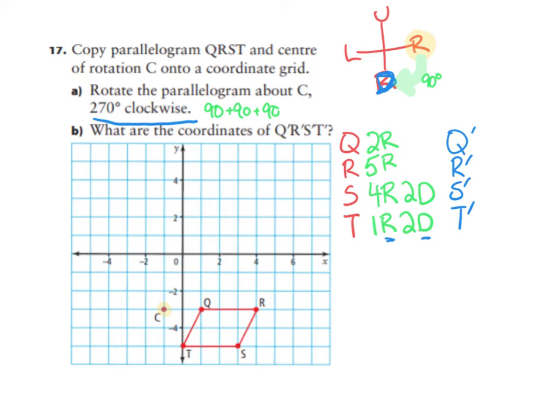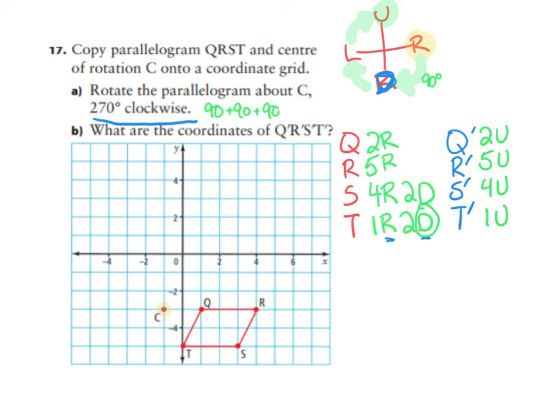So that means I need to do 3 turns. So I'm going to continue down to the left, left to the up, and that means now I'm at the up. So if I take a look at Q, anything that used to go to the right is now going up. So 2 up, R becomes 5 up, S becomes 4 up, T becomes 1 up.